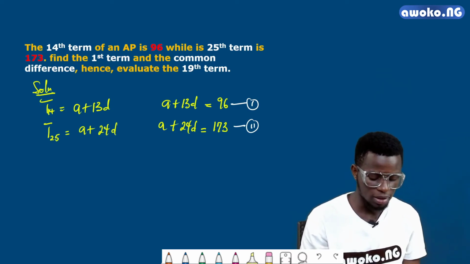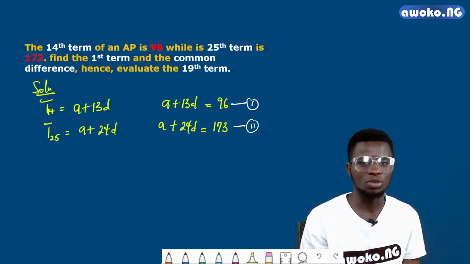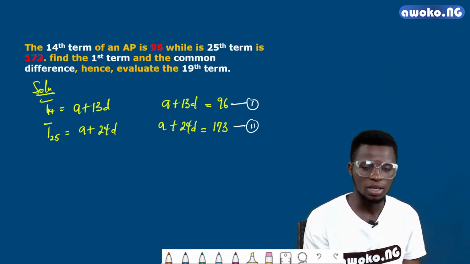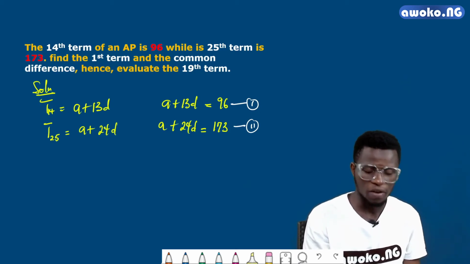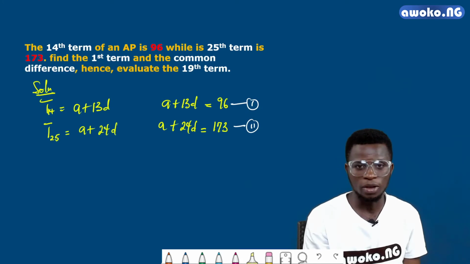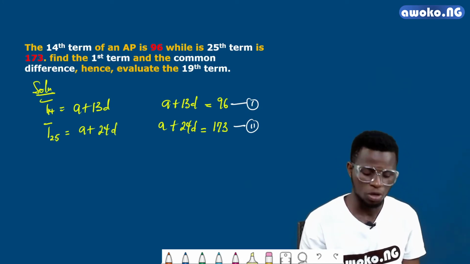Since that is done, we have two equations to solve for the unknown variables. We can decide to use the elimination method or the substitution method. But in this case, I would prefer to use the elimination method because it drives us closer to our answer. If I decide to eliminate the variable A, I would have to subtract equation 1 from equation 2.